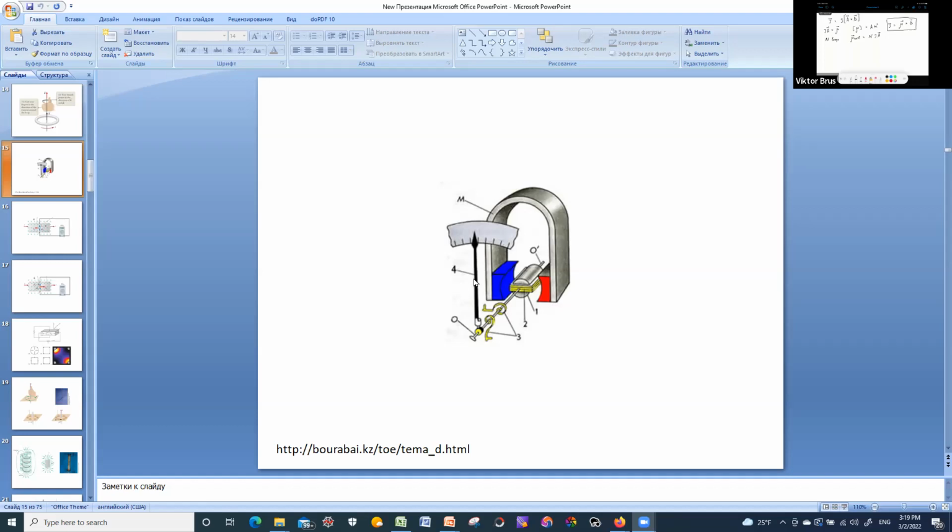So this is another example, different from these trivial electrical actuators, a different approach to finding application of this torque exerted on a current loop in an external magnetic field. So it is also widely used in measuring electric current.